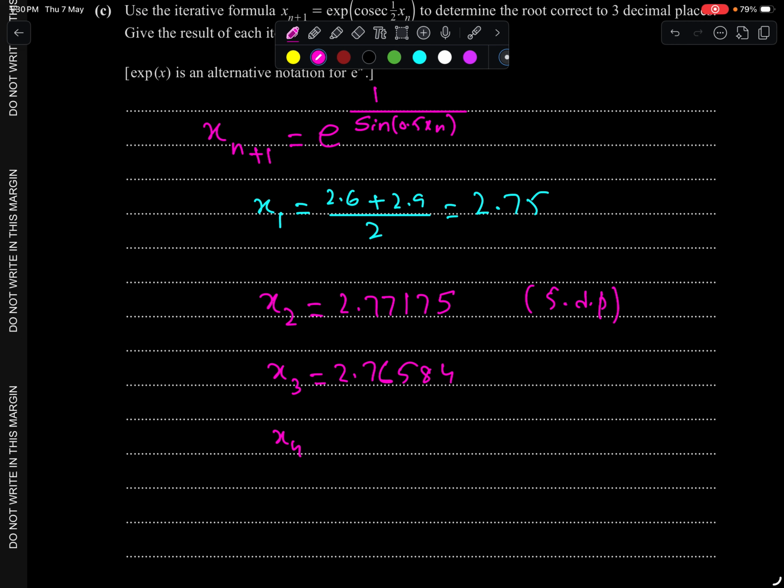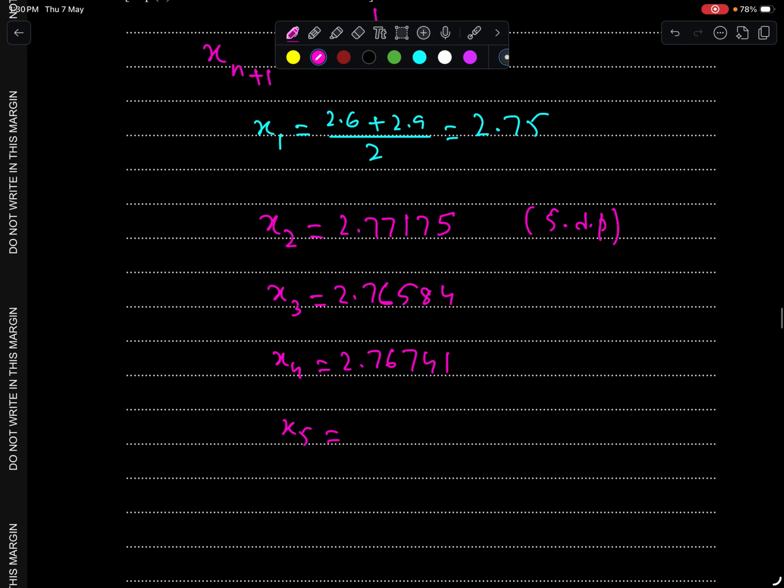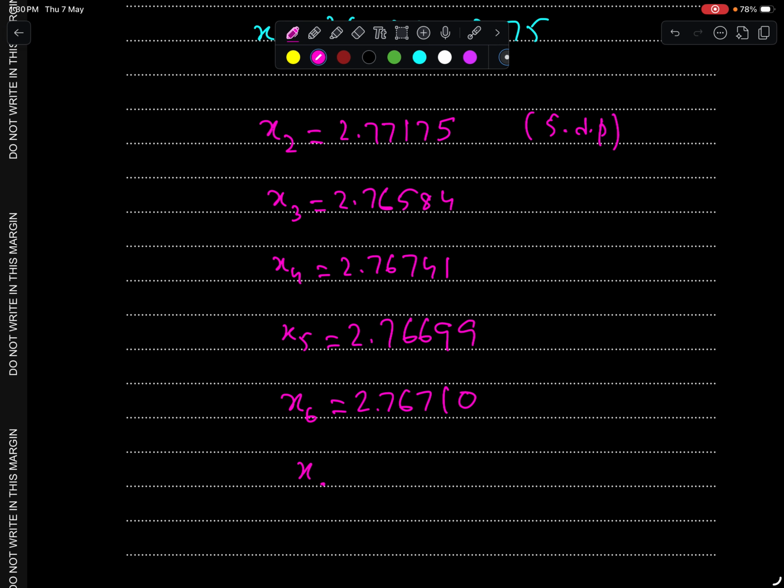For x4, we have to continue this process until we get a repeated number: 2.76741. x5, 2.76699. x6, next value, 2.76710. Now it's getting close. Then 2.76707.